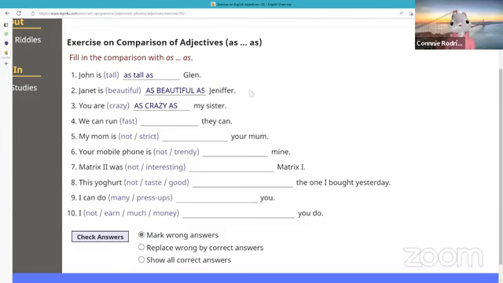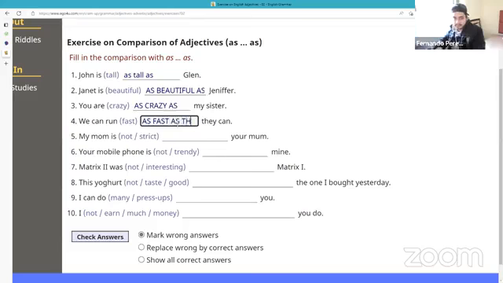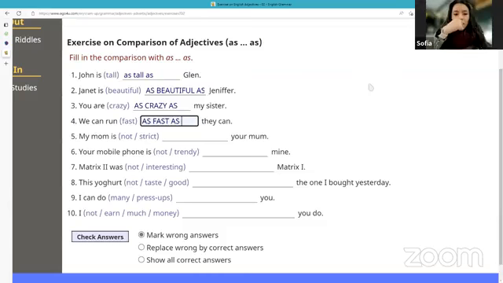We can run as fast as they can. Perfect. Good. Sophie. My mom is not as strict as your mom.